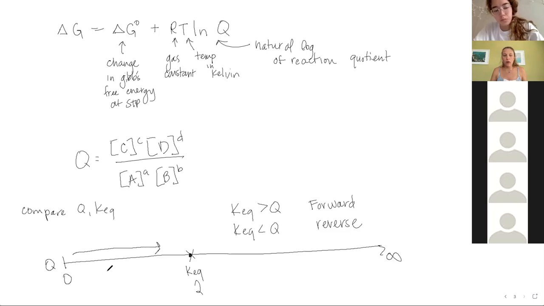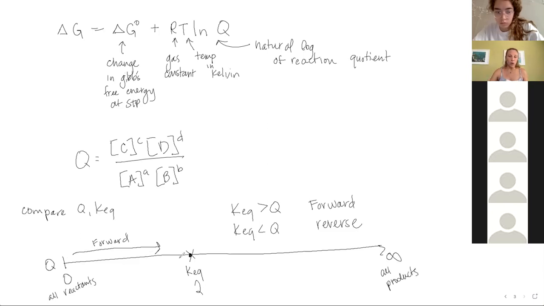So if we're at something like 1, 1.5, 0.4, we're going to proceed forward. We're going to try to meet up with this KEQ. The closer we are to 0, the more we're representing the fact that we have all reactants. The closer we are to infinity, the more we're representing that we have all products.